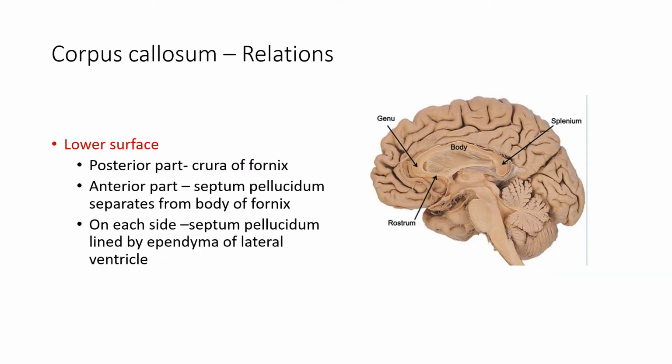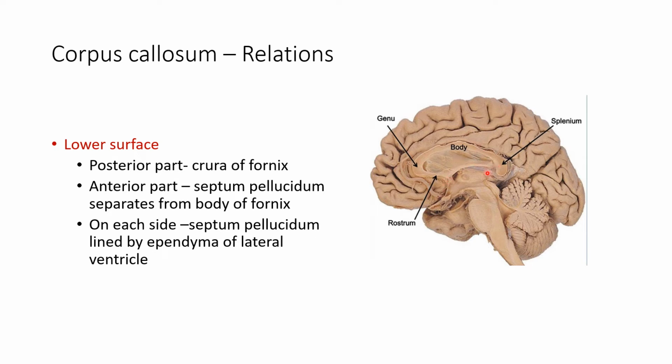Now let us see the relations of the lower surface of the corpus callosum. In the anterior part, you are seeing the septum pellucidum, which separates the corpus callosum from the body of the fornix.